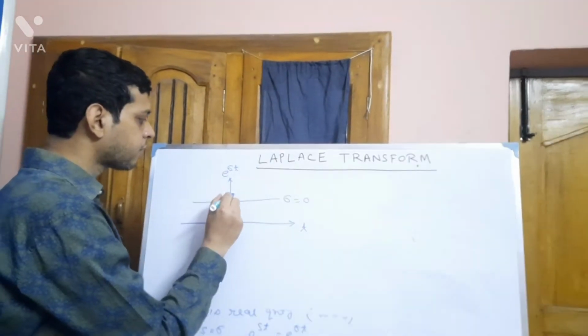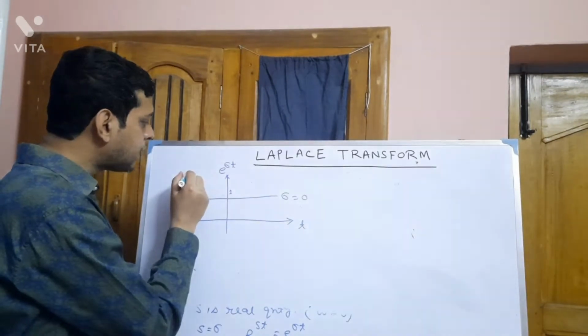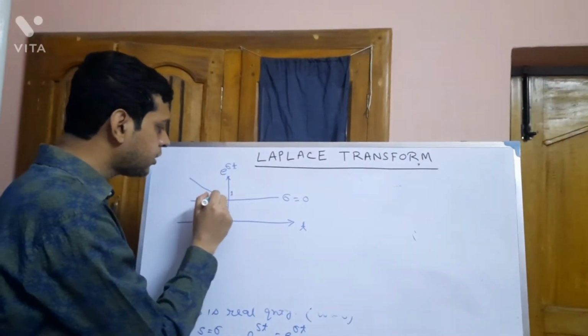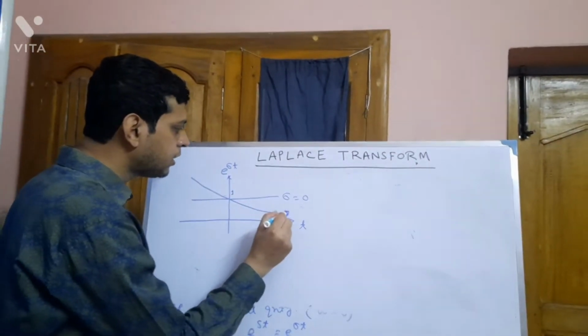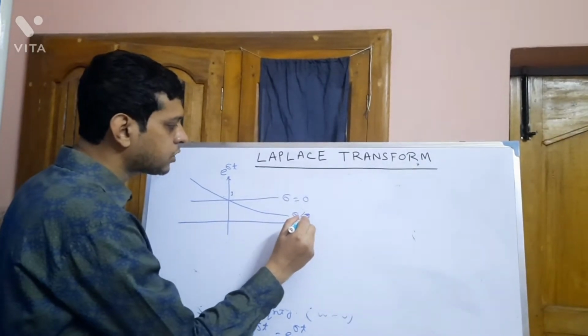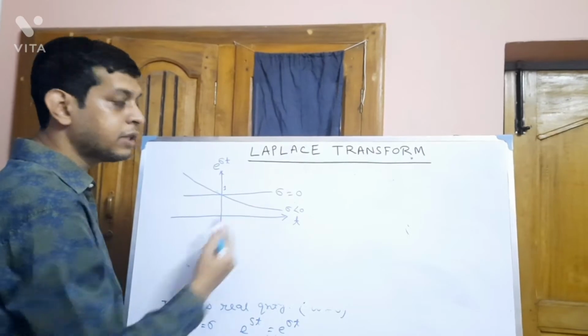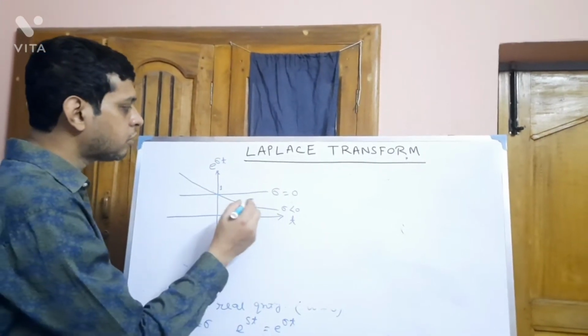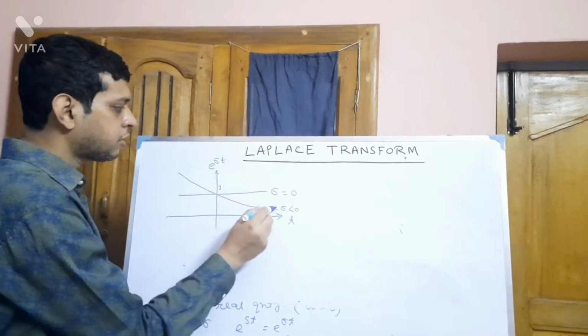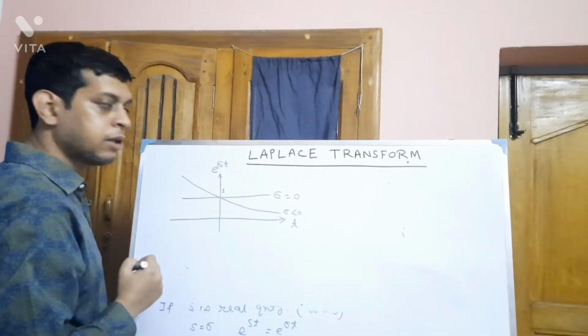If sigma is less than 0, then the graph looks like this. This is an exponentially decreasing quantity. When t is equal to 0, e to the power sigma t is equal to 1.